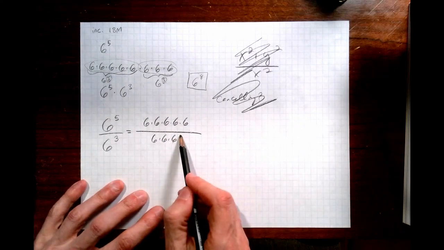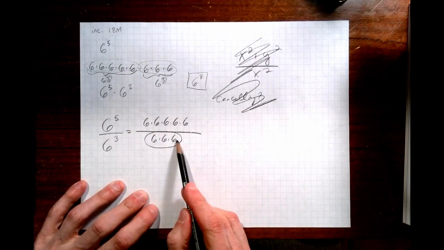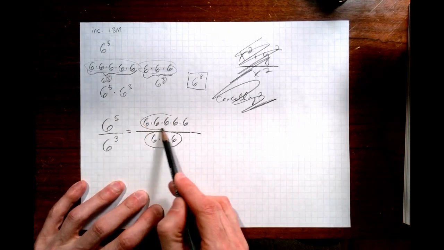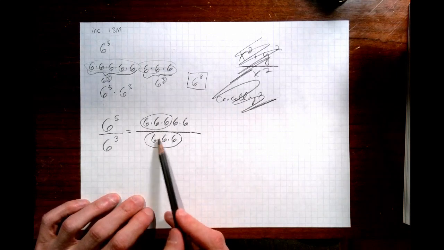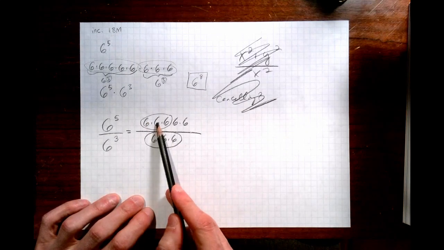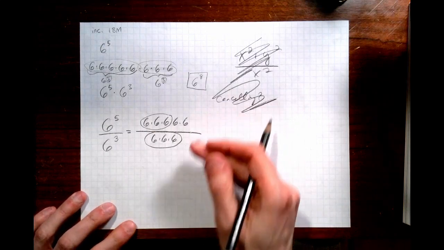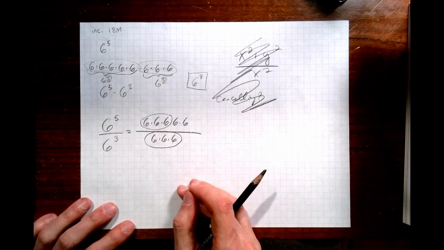What I see is some number down here. I don't know what this equals, but I know that it's the same as this: 6 times 6 times 6 equals 6 times 6 times 6. So if I have a fraction with the same thing on the top and the bottom, what does that equal? Don't try to remember a rule.